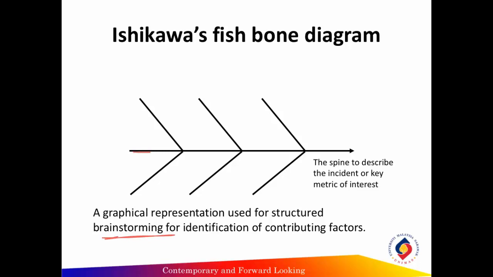With the central line, this central line here, or the spine, representing the incidence or the key metric of interest, and the ribs, that are spreading out from the spine, representing the various groups of causes.